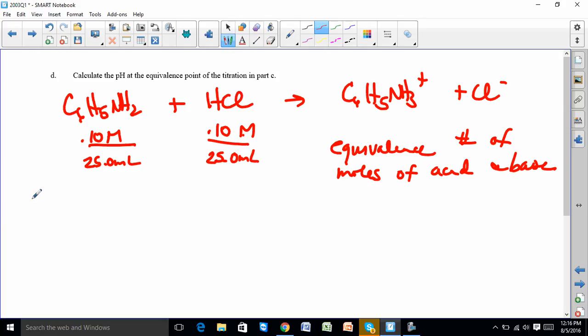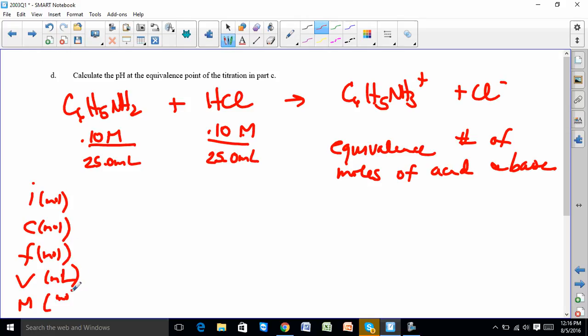So now if I come down here and I do my ICF VM chart, where this is a mole, and this is a mole, and this is a mole, and this is a milliliter, and this is a moles per liter, what happens is this is going to be 0.0025 because this is going to be 0.0025. This is going to be 0. This is going to be 0.